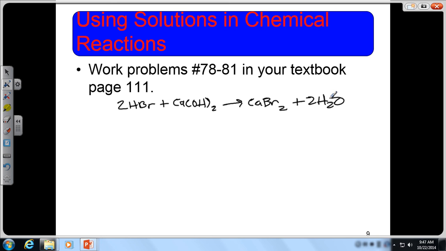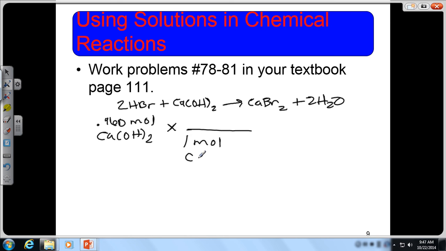We've been given moles, so all we have to do is take that 0.960 moles of calcium hydroxide. And the first thing we do is we compare our mole to mole ratio. So we have 1 mole calcium hydroxide for every 2 moles of hydrobromic acid, which is what we're looking for.